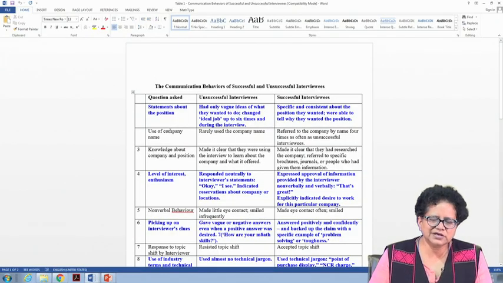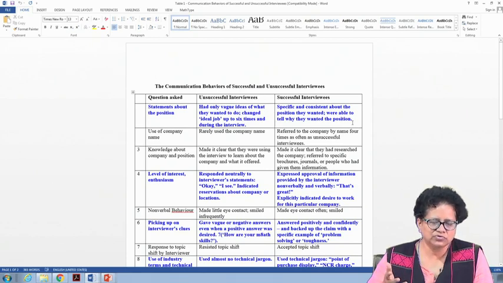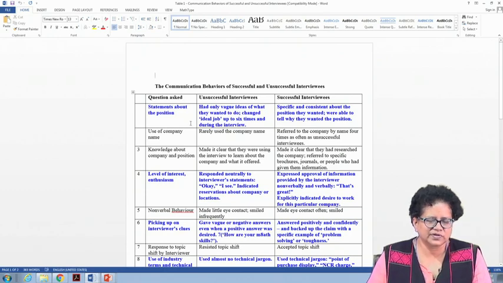So, this is quite a big long table, and there are around 11 questions which are asked, and I will only be reading out aloud the ones in blue font. Let us say that we have 11 questions, and the first question would be the statement about the position.